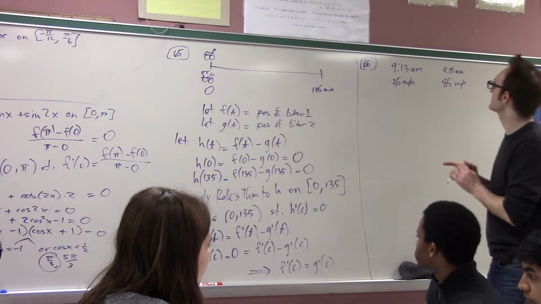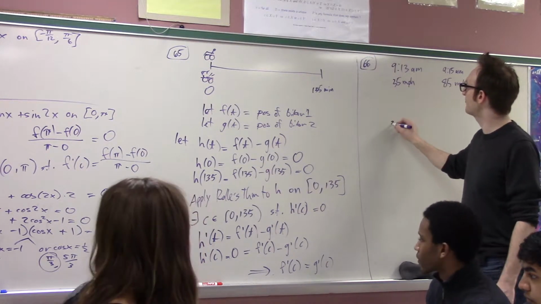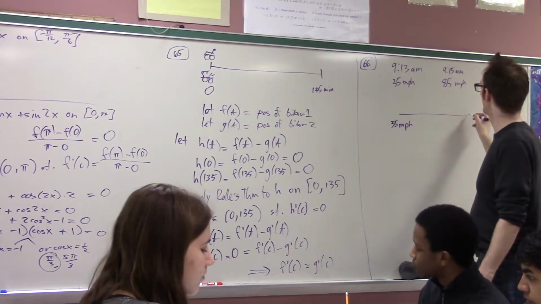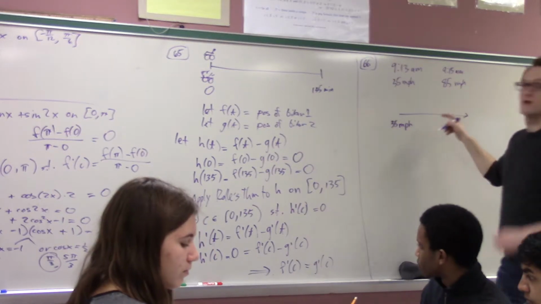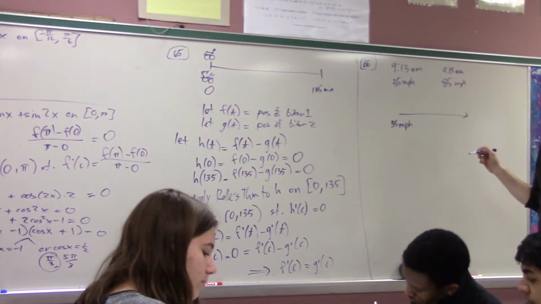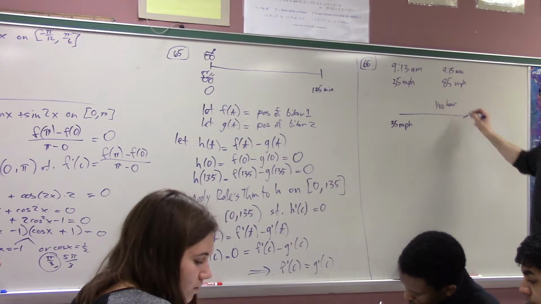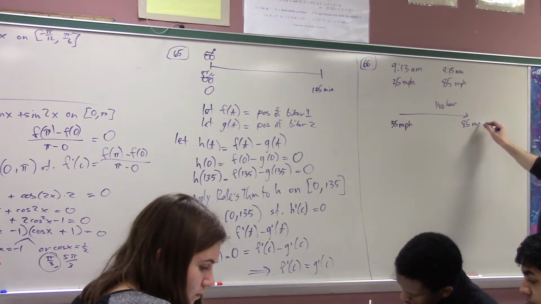So what we really have is a situation in which we're going 35 miles per hour, and 2 minutes is 1/30th of an hour. So 1/30th of an hour later, we're suddenly going 85 miles per hour.